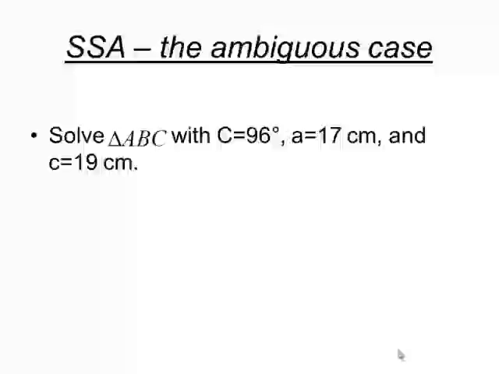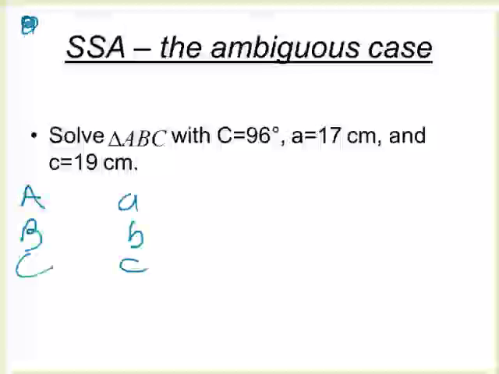Try example 4. So we know angle C is 96. We know side A is 17 and side B is 19.